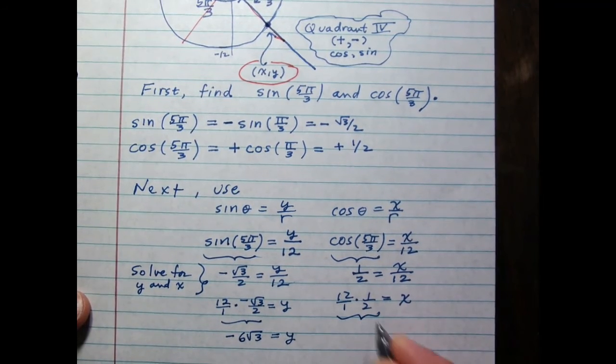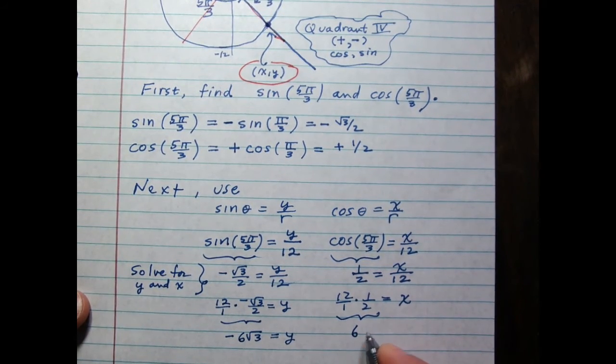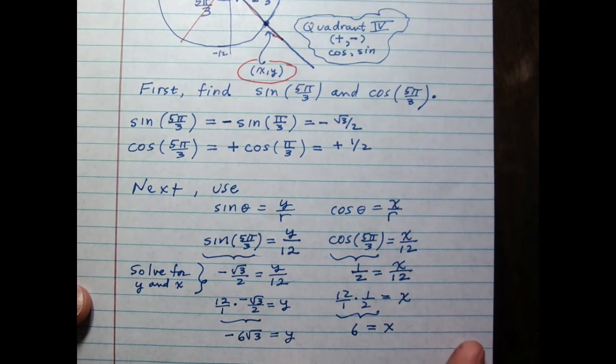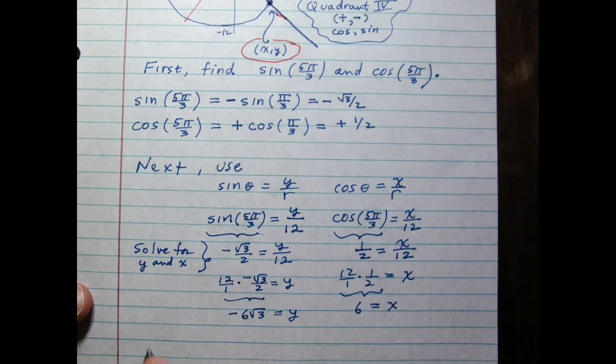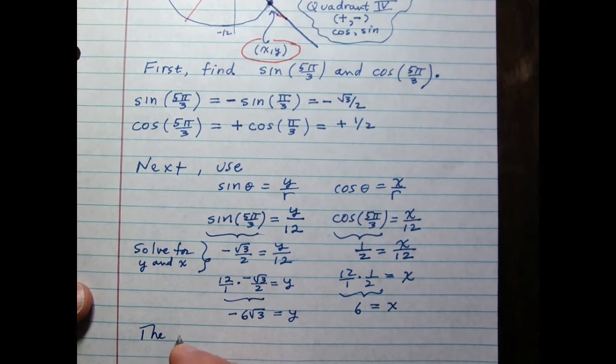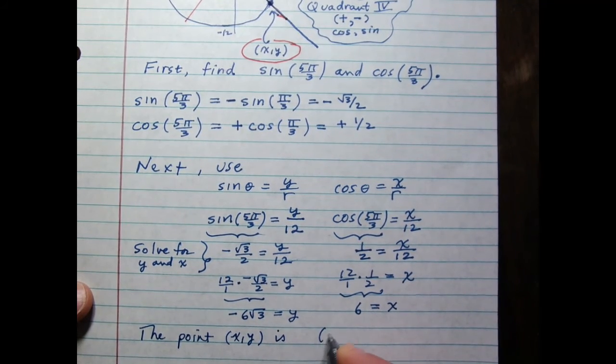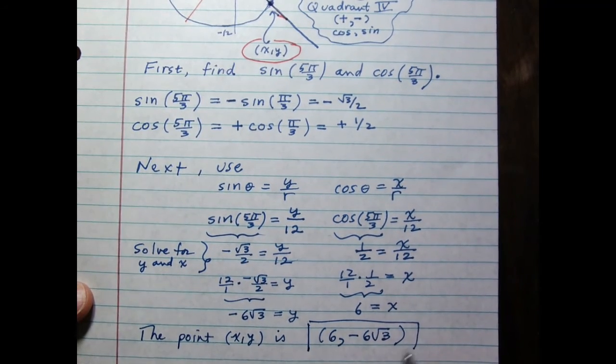And here when I cancel the 2's, I get 6 is equal to x. So the point, really we want the point x, y, let's write x first, is 6 comma negative 6 radical 3. That's what we were after.